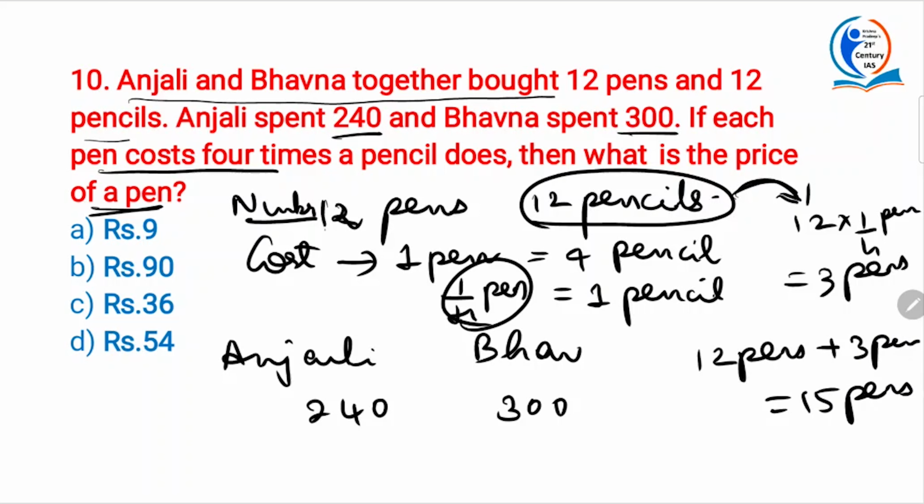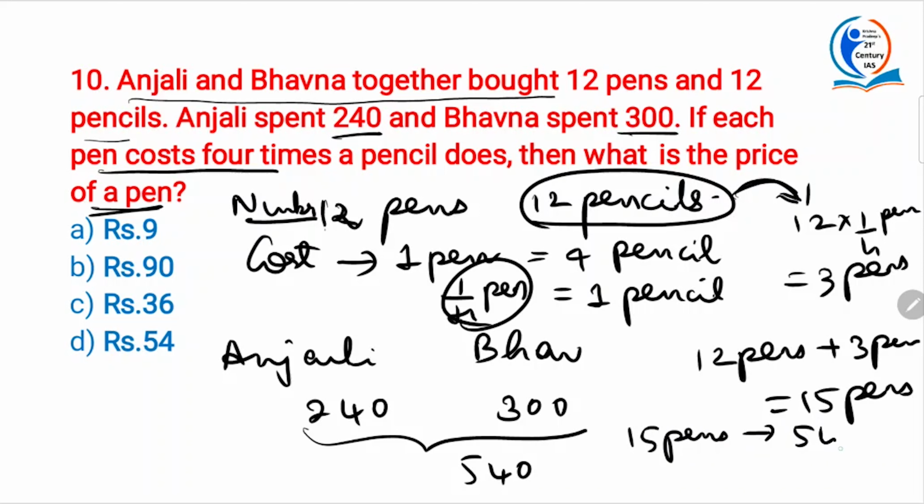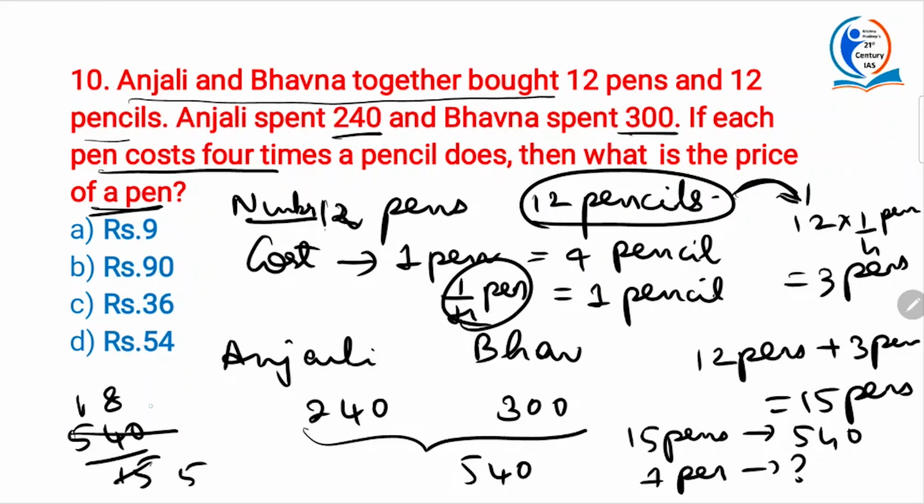The total amount spent was 540, so 15 pens cost 540. Then one pen costs 540 by 15, which is 36. So one pen would cost 36.